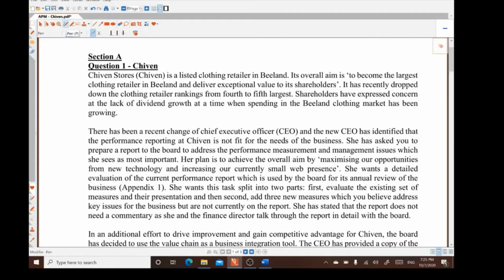Shivan Stores is a listed clothing retailer in Beeland. Its overall aim, once again what we call the mission, is to become the largest clothing retailer in Beeland and deliver exceptional value to the shareholders. Bear in mind, class, this is going to be M1, mission number 1.